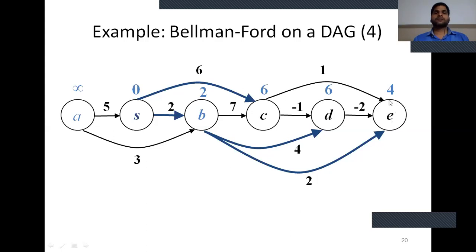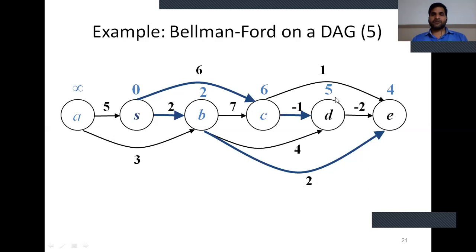Now next, we check the smallest vertex. So the two smallest vertices are C and D. The value of C equals 6, with the path value of minus 1. So the sum, 5, is less than the distance of t, so 6 is replaced by 5.